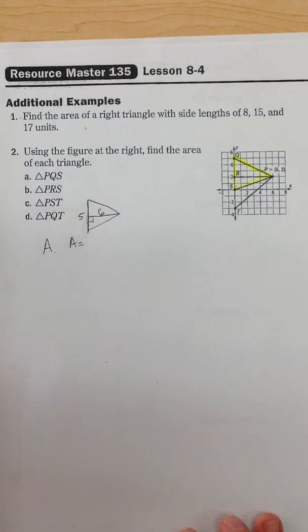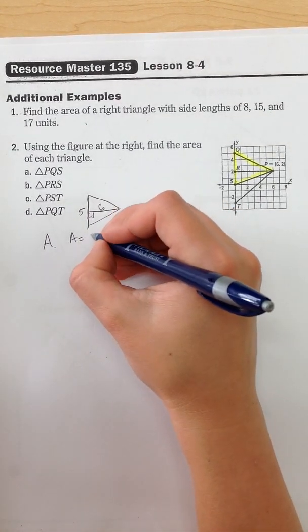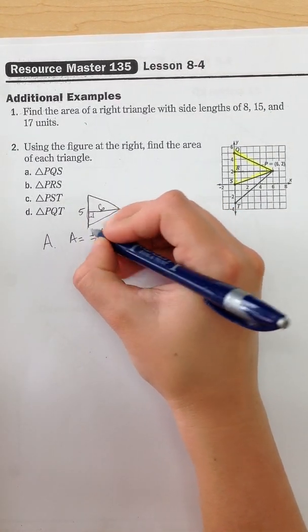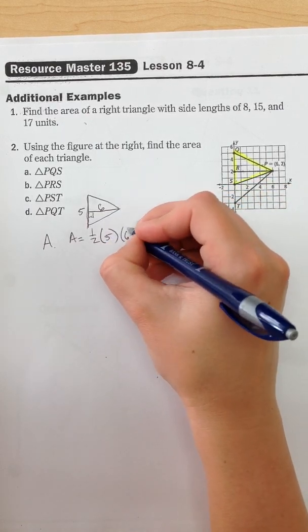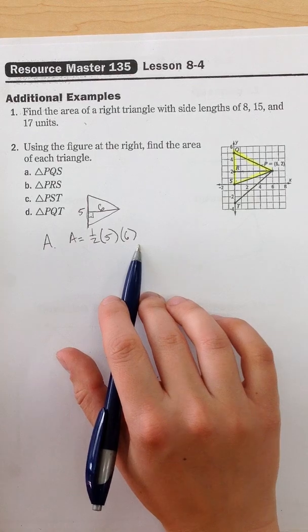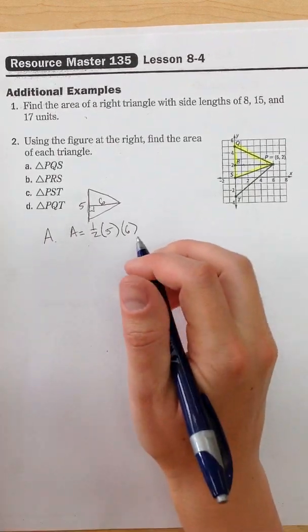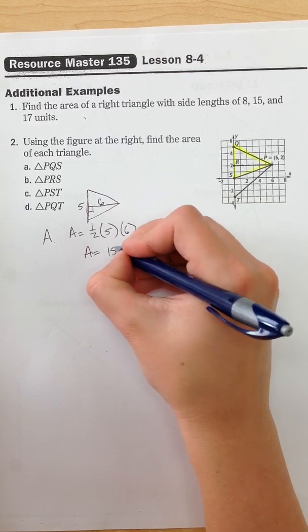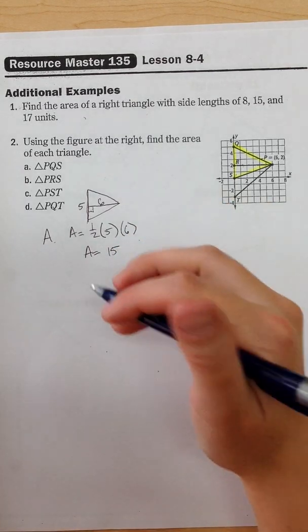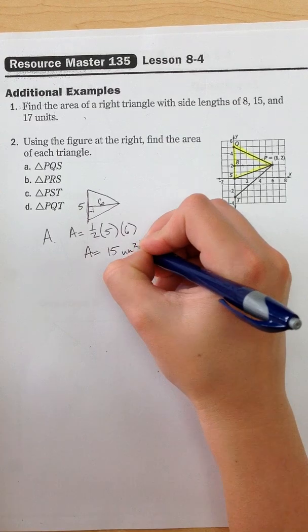So if we plug that into our formula, our base is 5, so we go 1/2 times our base, which is 5, times our height, which is 6. 5 times 6 is 30, times 1/2 would be 15. So our area of that first one would be 15, and since they don't have inches or anything like that, you just call it square units or units squared.